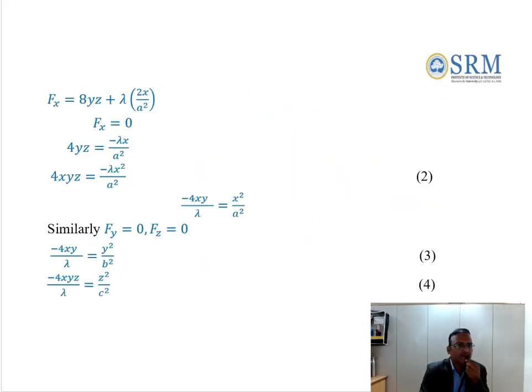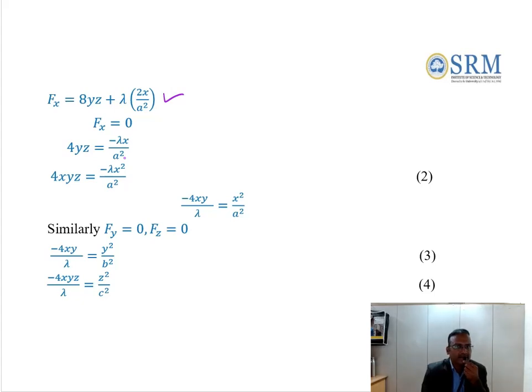So Fx equal to 0. What is Fx? Fx is 8yz plus lambda into 2x divided by a square, and if you equate it to 0, 4yz equals minus lambda x divided by a square. Then multiply it by x, because we want x square by a square.